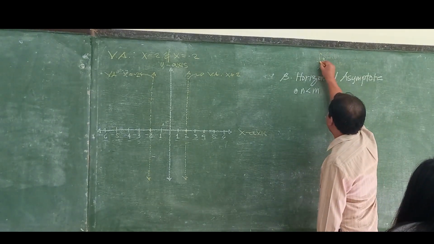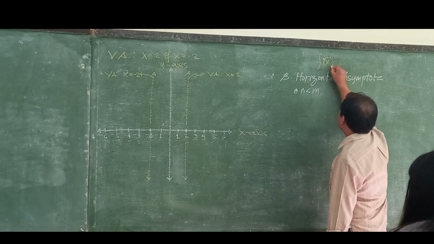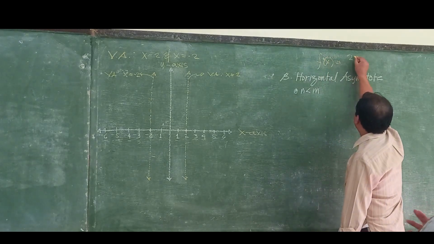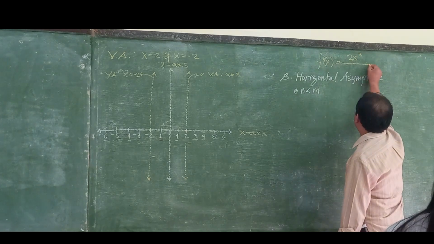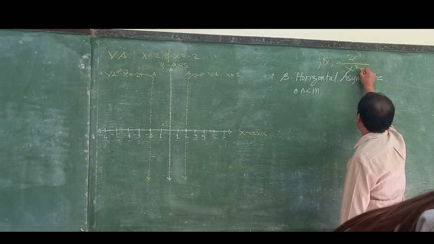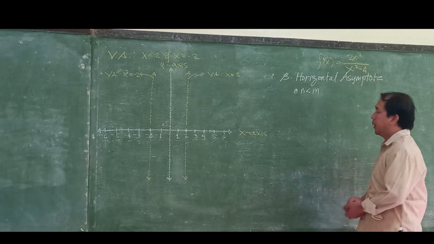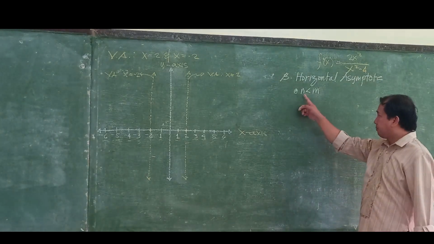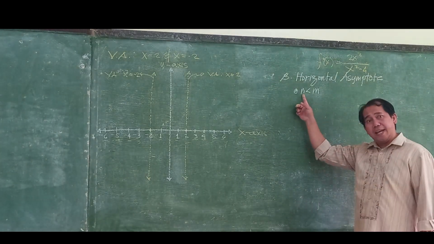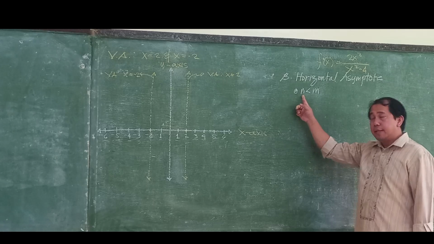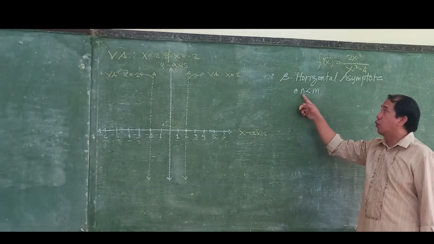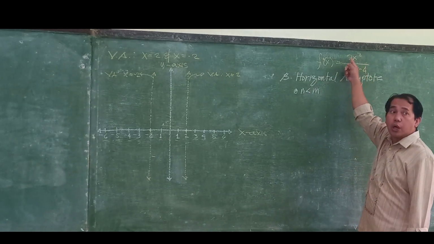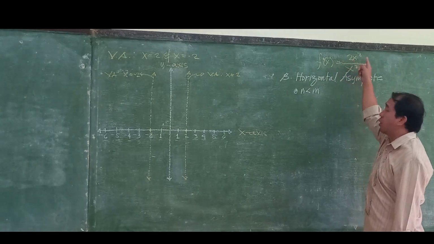Our function is f of x is equal to 2x raised to 2 over x raised to 2 minus 4. Now, notice that our n is actually the exponent of the numerator. What is our numerator? 2x raised to 2.